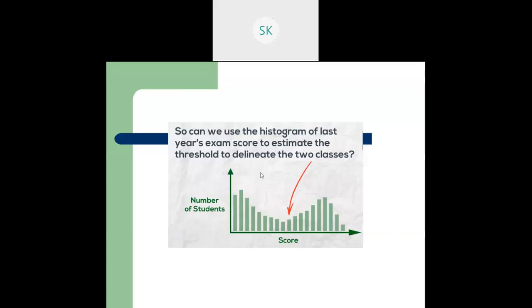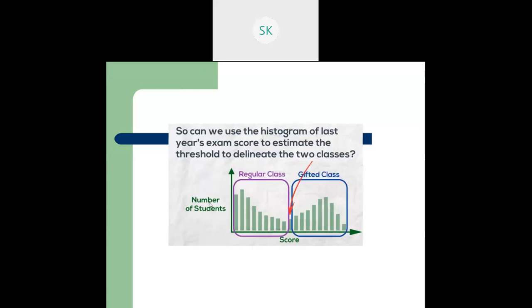We look at last year's results in terms of a histogram, the number of students against score, and use it to estimate the threshold that decides which class a student belongs to, the regular class or the gifted class. Let's say this threshold point is marked by the red arrow. The lower scores go to the regular class and the higher scores go to the gifted class.